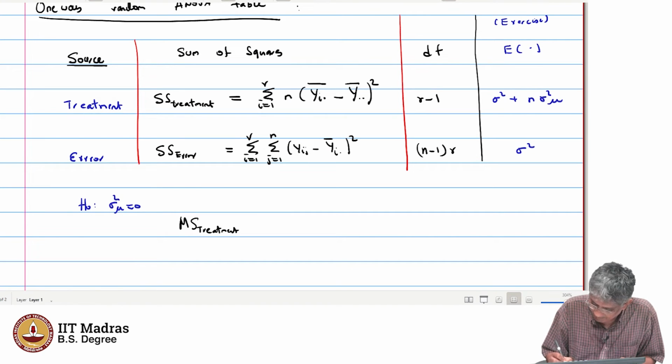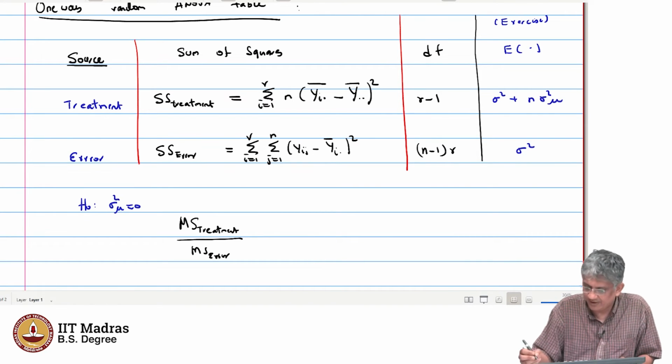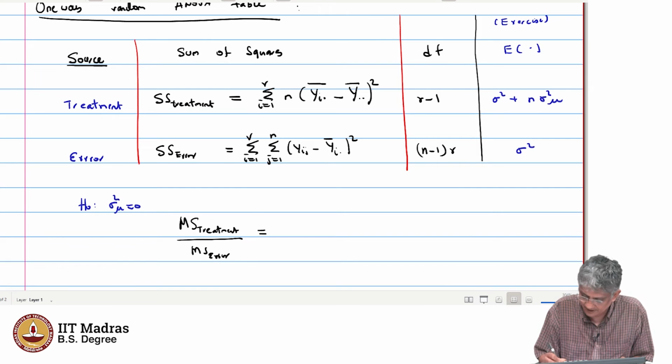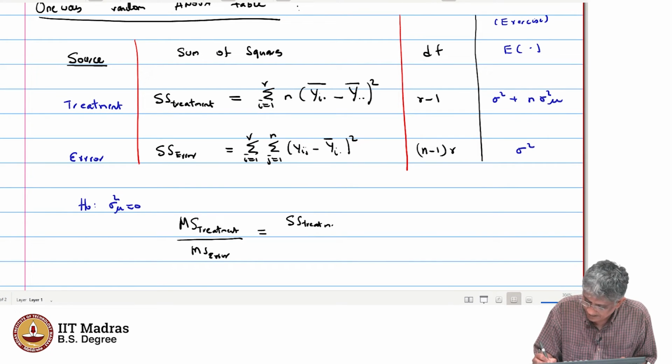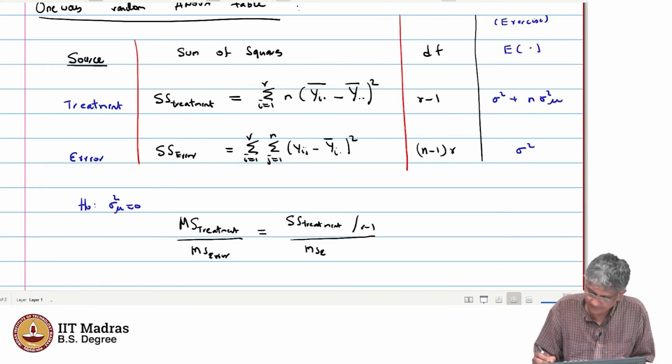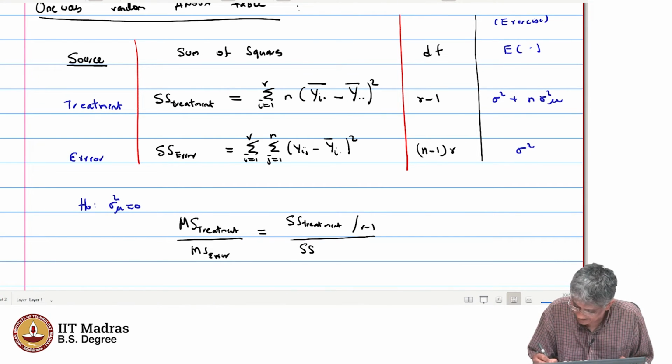The mean squares treatment divided by the mean squared error. So you divide by the appropriate degrees of freedom. It's just SS treatment by r minus 1, the whole thing divided by SS error by (n minus 1) times r.